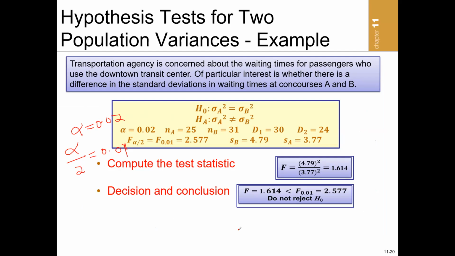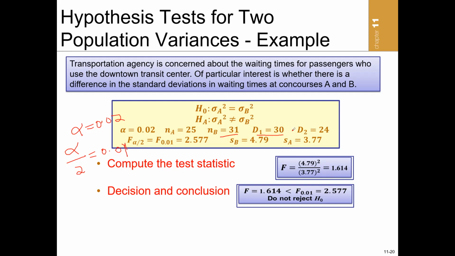Okay. Now, remember the degree of freedom of the numerator, because the numerator is group 1. So group 1, the sample size is 31, and its degree of freedom is 30, because the degree of freedom is sample size minus 1. So group 1, or the numerator, its degree of freedom is 30.